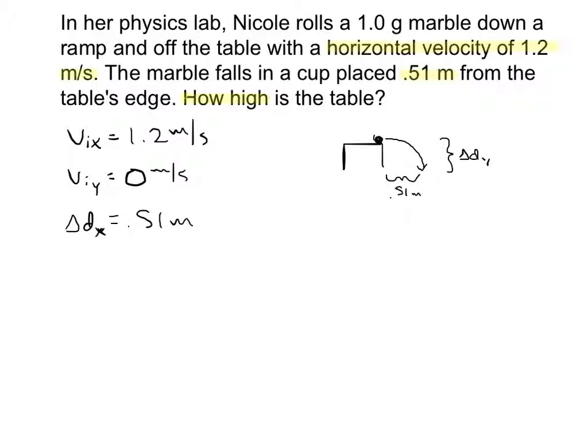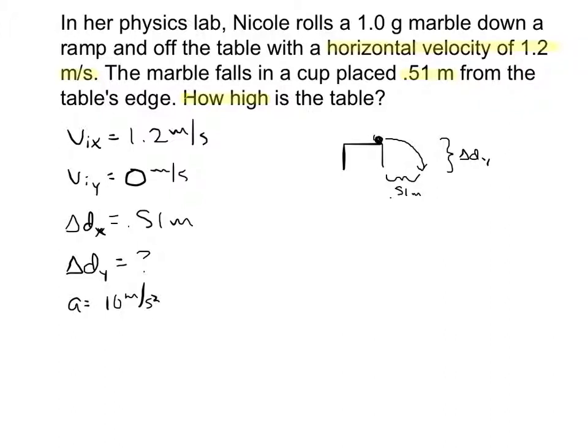And we know that we're looking for delta dy. The other things that we know here, we know that the acceleration is 10 meters per second squared down. And that's really just about all that we know. We don't really know anything else as far as we don't know the time.